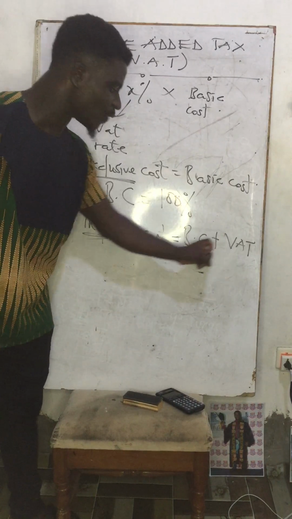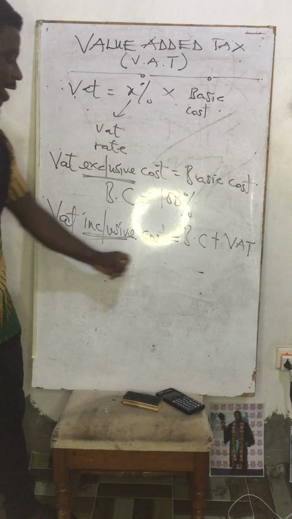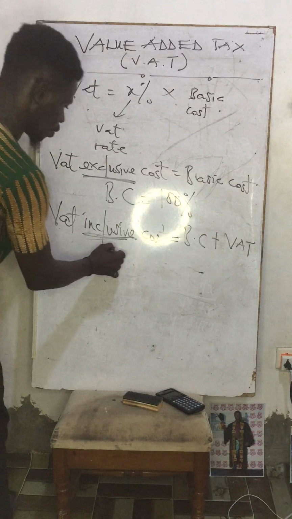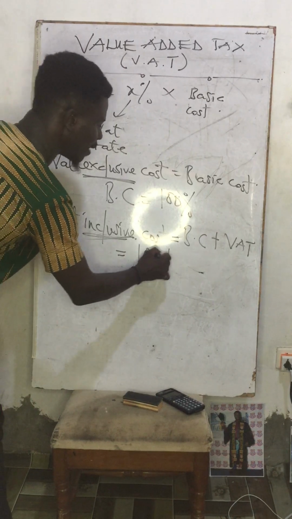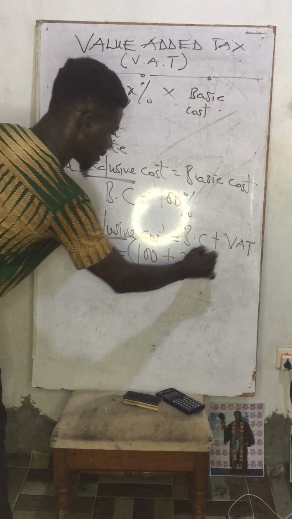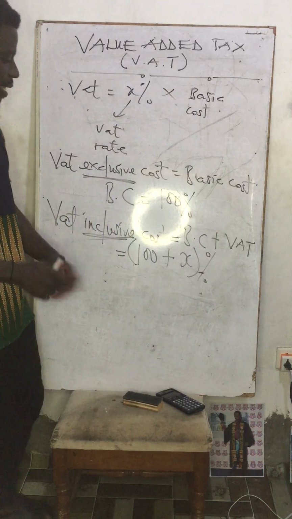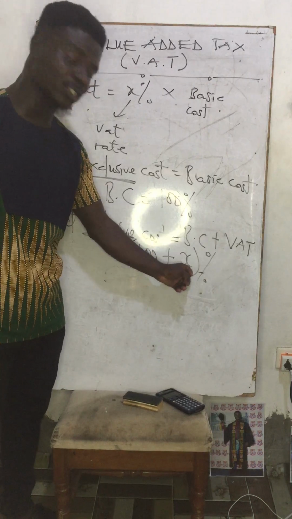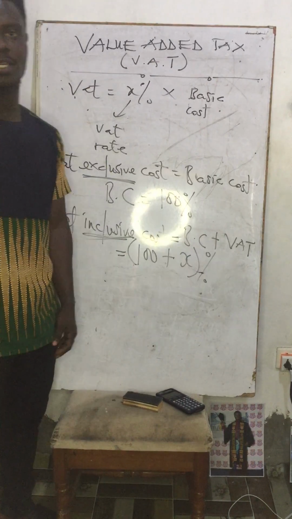So when you add the VAT to the basic cost, we get the VAT inclusive cost. And this is always calculated as 100 plus X percent. Why? Because the 100% is the basic cost, and this X percent is the VAT rate.